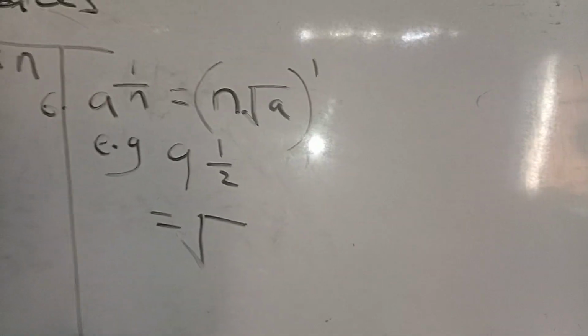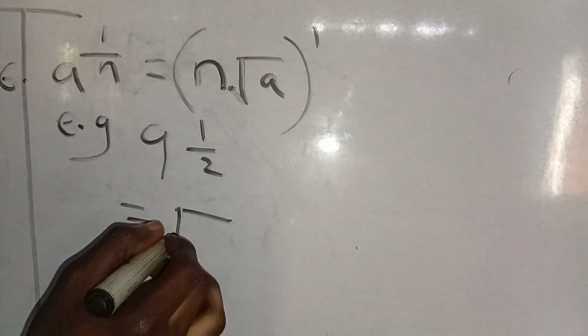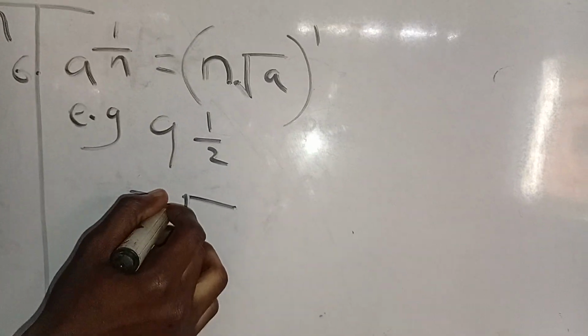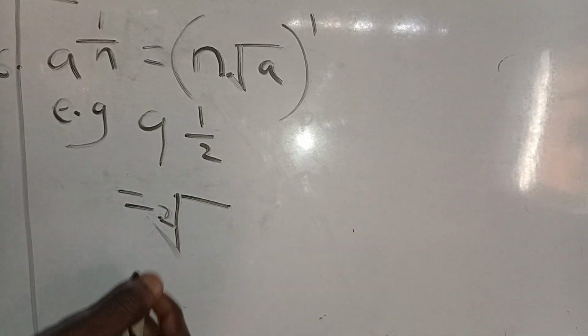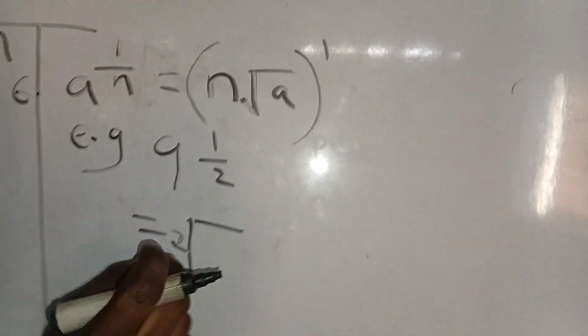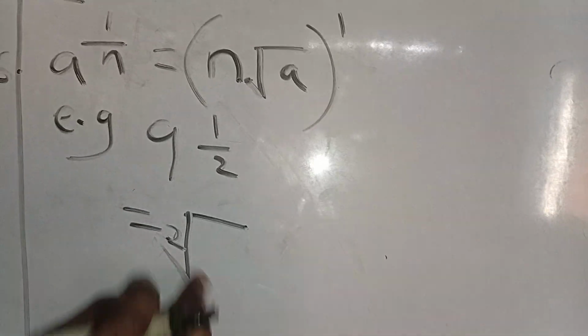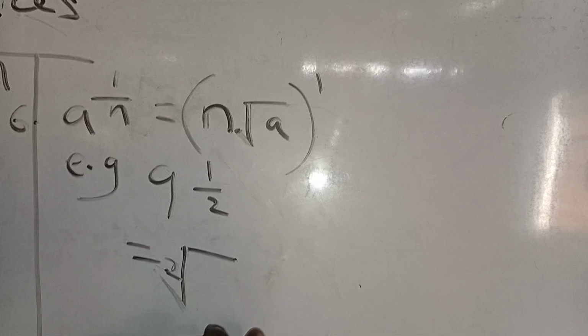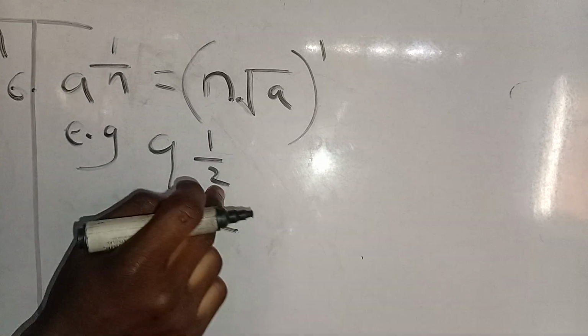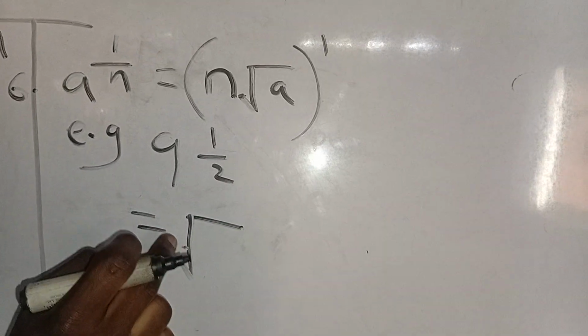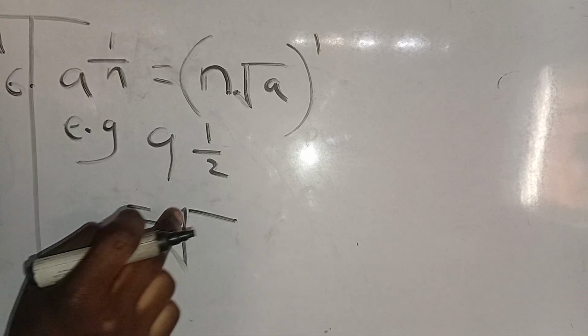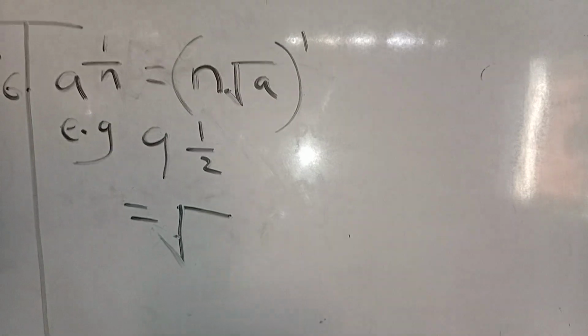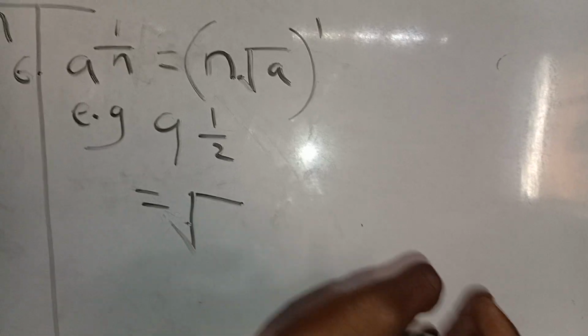If we are dealing with square root, you don't have to put a 2 here to talk about square root, because this symbol has indicated that we are looking at square root. If it's cube root, that is when you are going to put 3 here, to differentiate between square root and cube root.